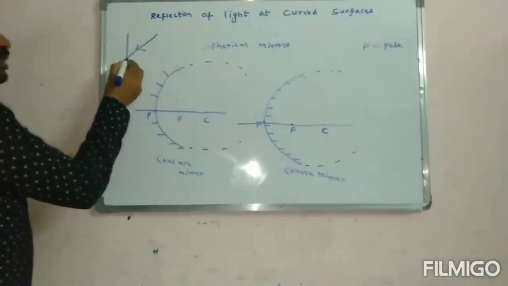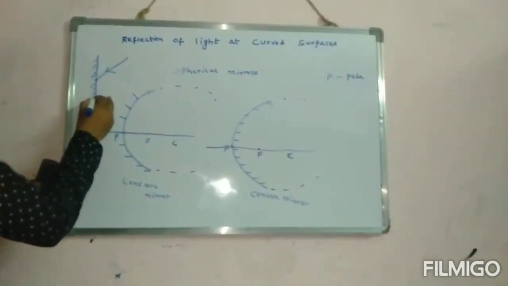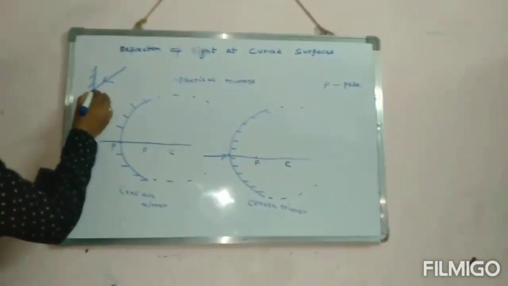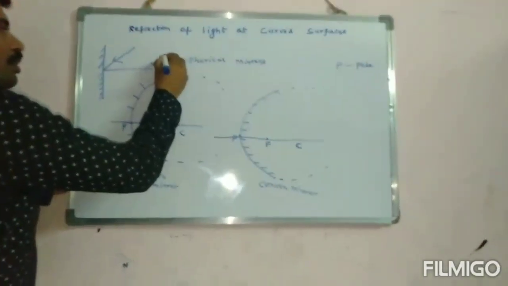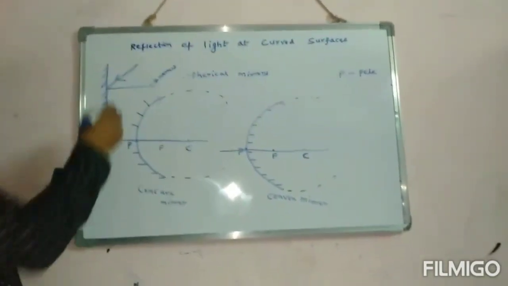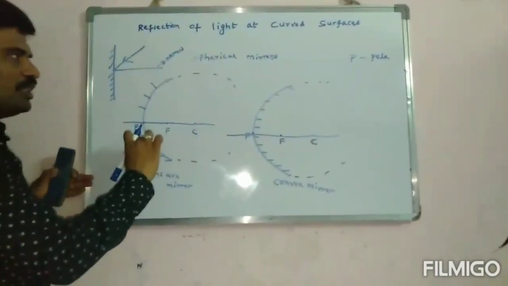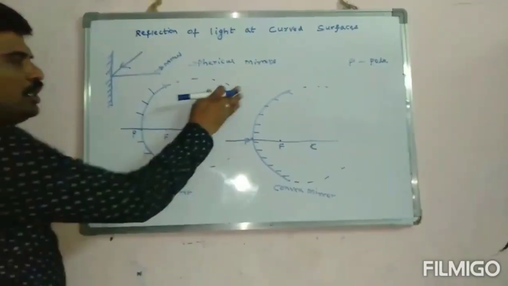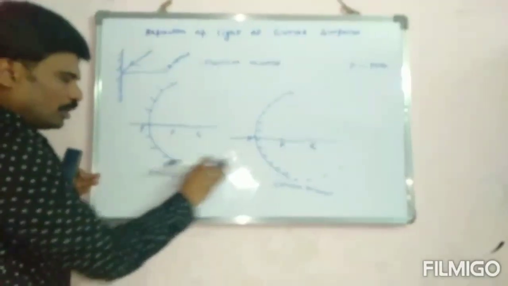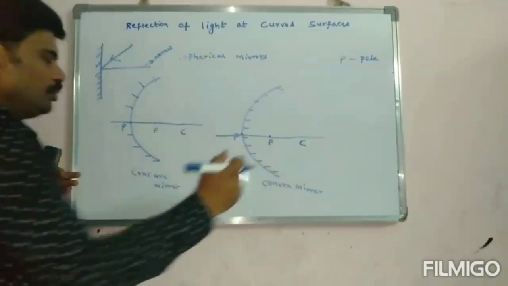Then at the point of incidence, if you draw a perpendicular to this mirror, we call this the normal. But for curved surfaces we cannot draw perpendicular lines this way. Then how can we draw the normal? Now I am going to tell you.